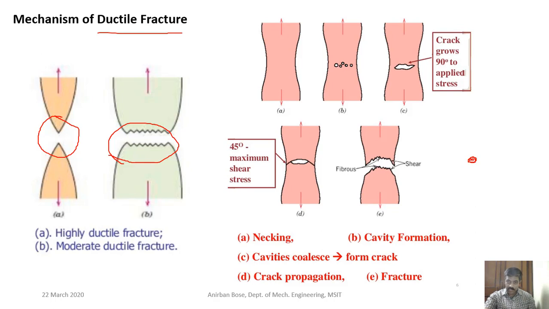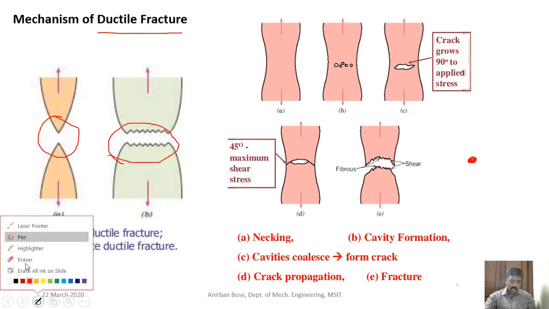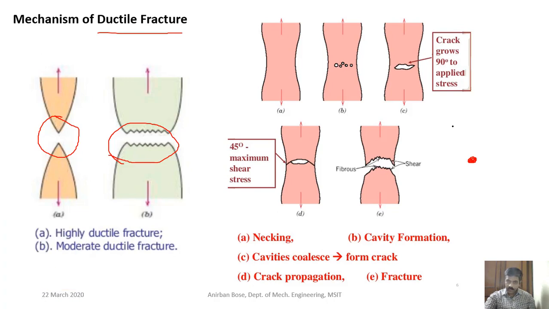Let us consider this is an impurity particle, very small, present within a ductile material, and the ductile material sample is like this, which is put under tensile test like this. Because of this load, the soft ductile material surrounding this impurity yields and deforms.